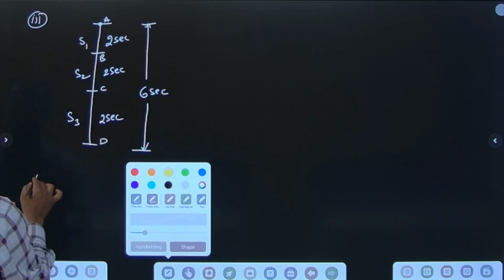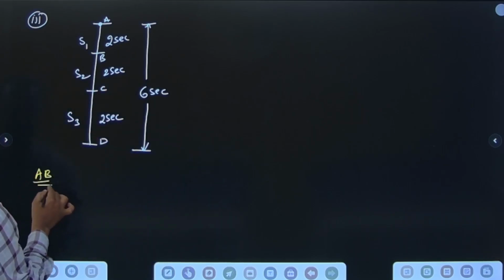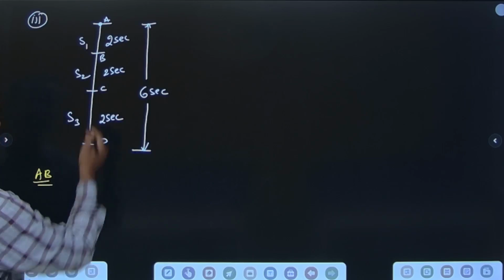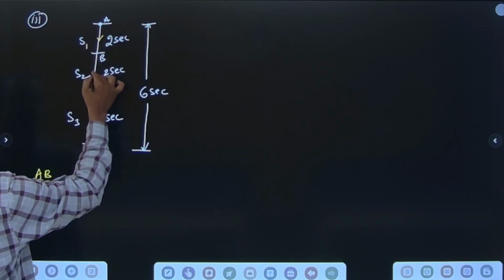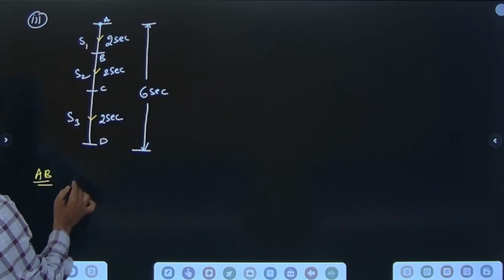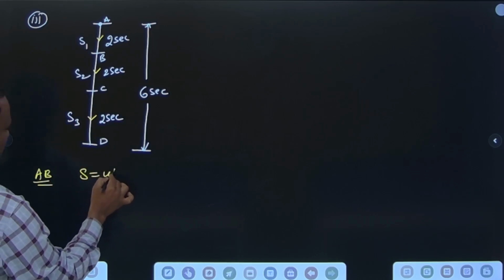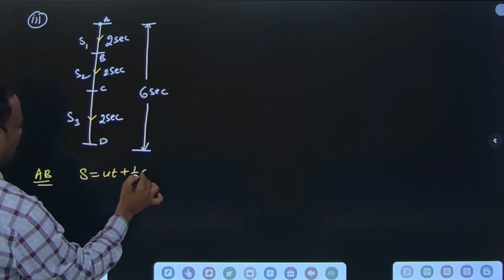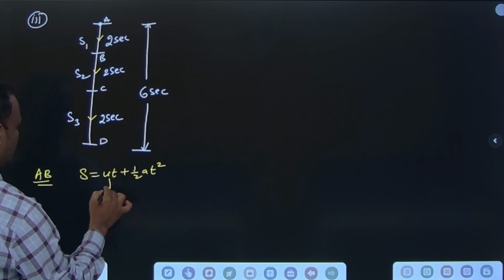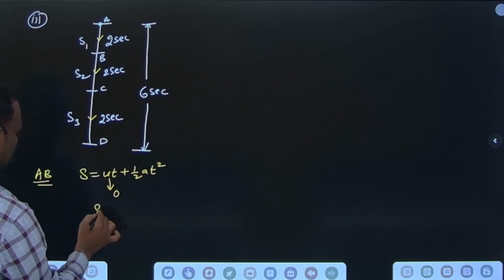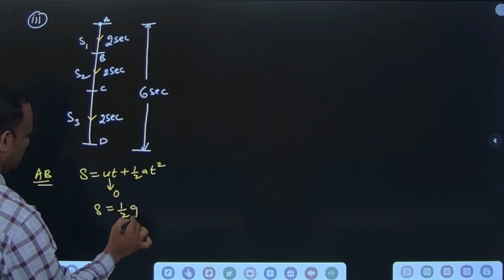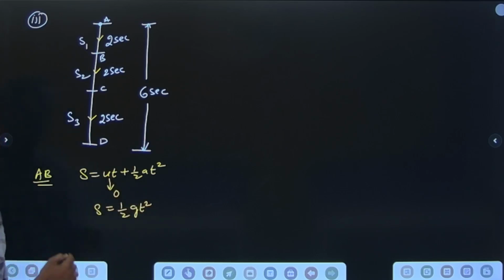First one I'm talking about AB. For AB, this is the free fall case, right? What is the condition? S is equal to ut plus half at square. What is u? 0. S is equal to half gt square. Correct? First one I'm writing S1.